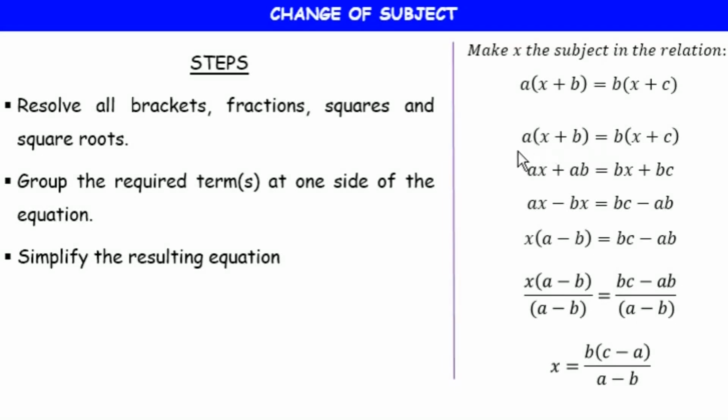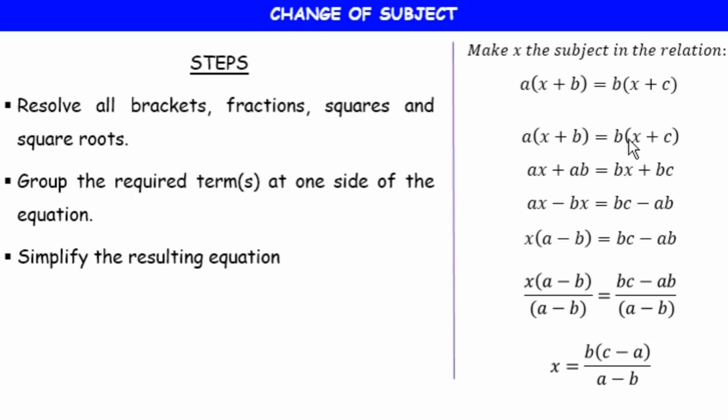In distributing a over x and b, we multiply a by x, and then we also multiply a by b. So we get a times x, which is ax, plus a times b, which is ab.